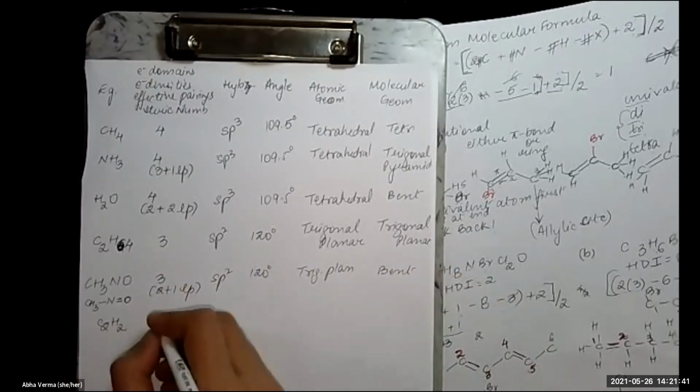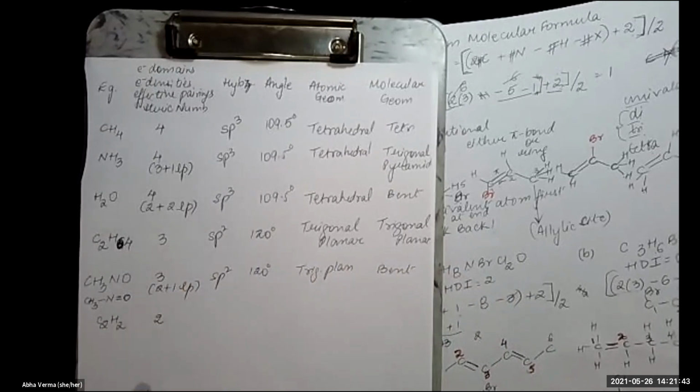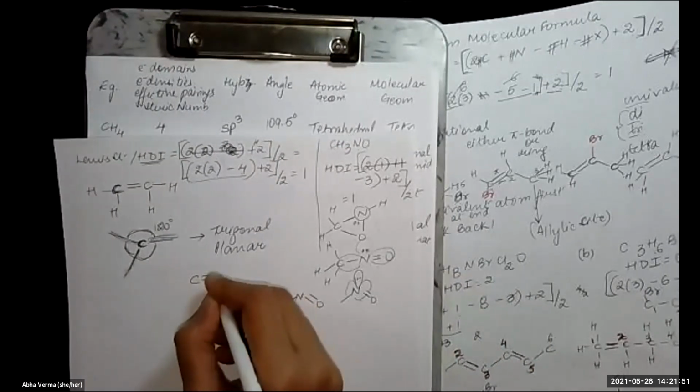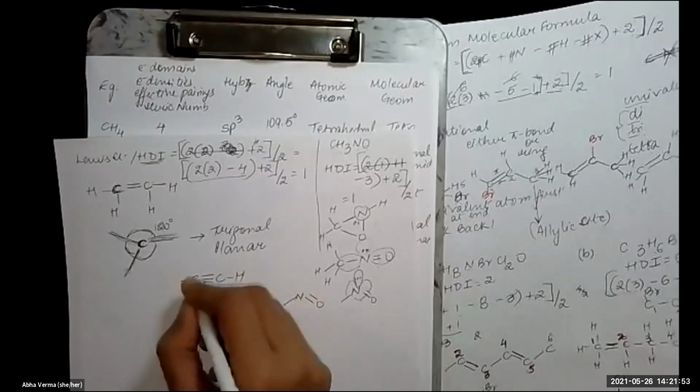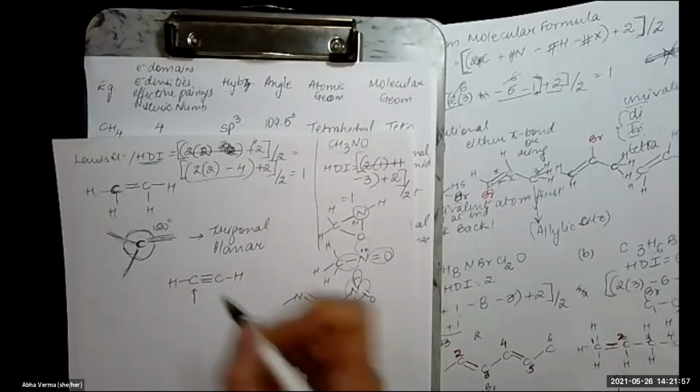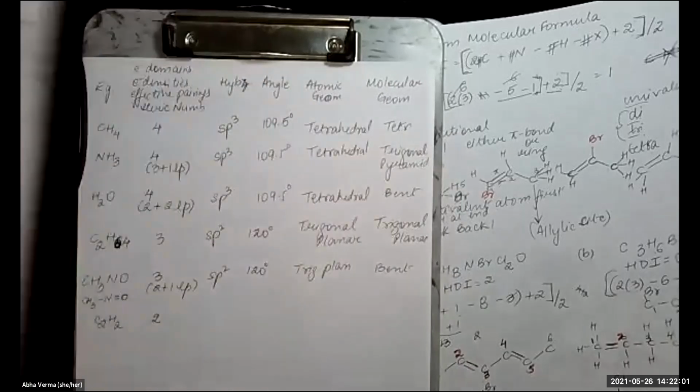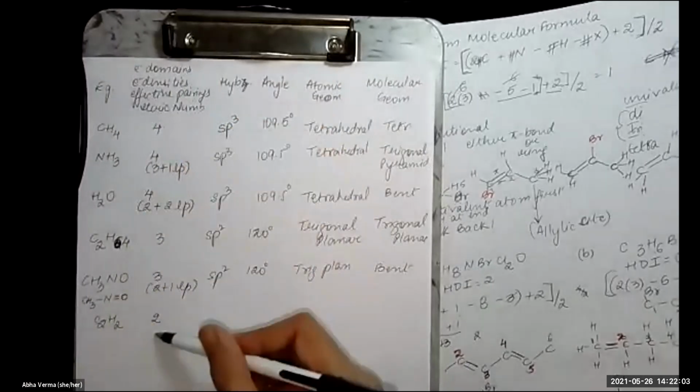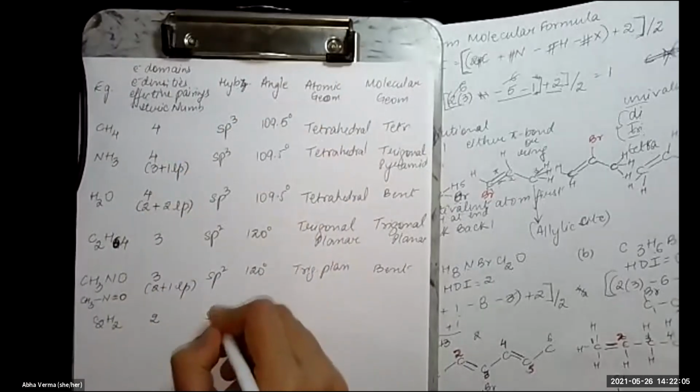C2H2, I want all of you to do this on your own when you have time: what will be the Lewis structure of this C2H2. I'm going to quickly tell you that the C2H2 will be something like this. If you have to figure out the hybridization of this carbon, you will have 2 electron densities and the hybridization will be sp.